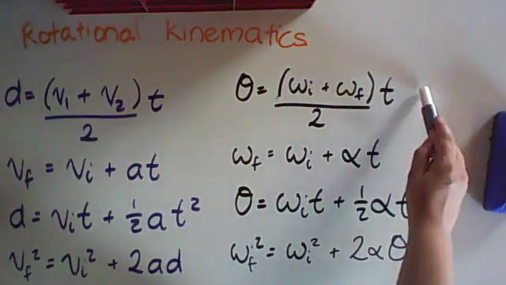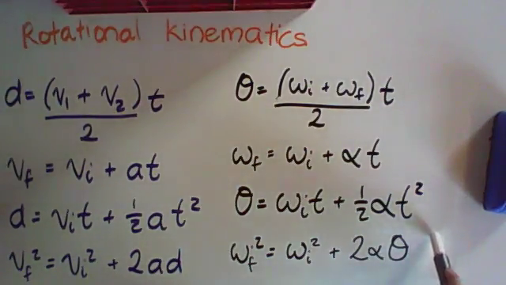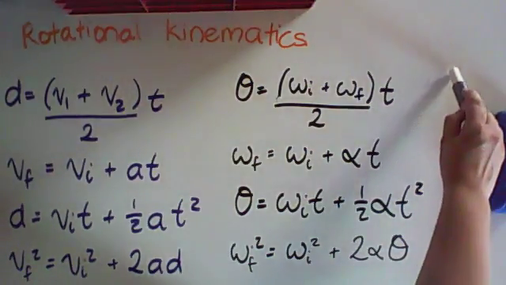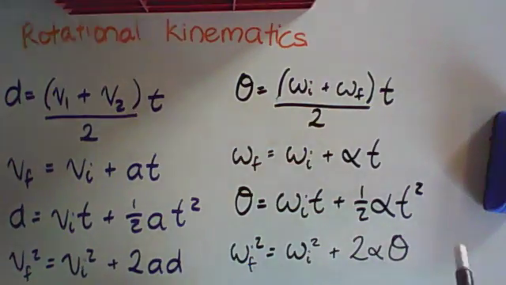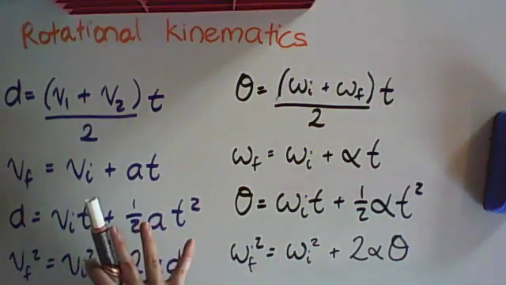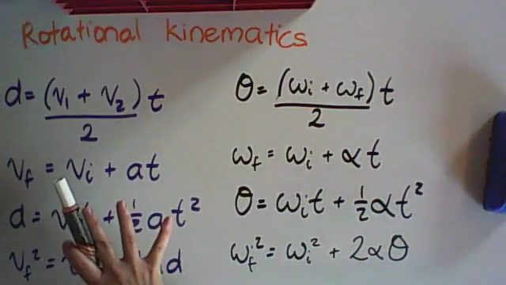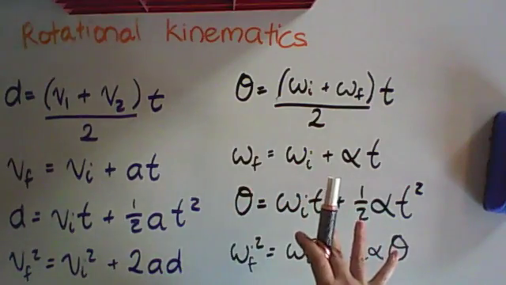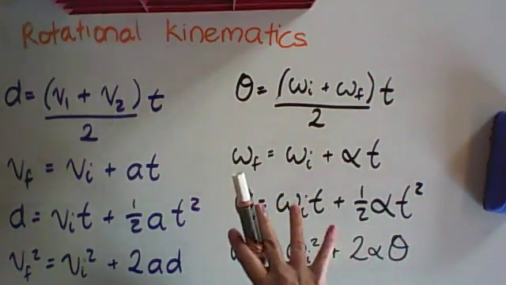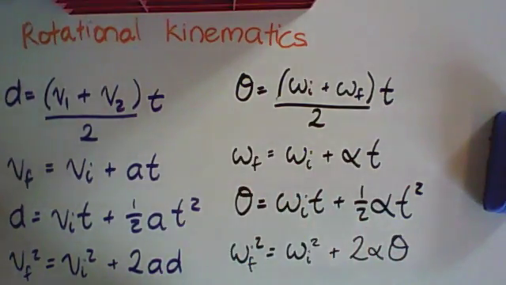So over here, we have exactly the same physical representations, but wrapped up in a new cloak, wrapped up in a new way of seeing it. So these ones here dealing with translational situations, these ones here dealing with rotational situations. Exactly the same.